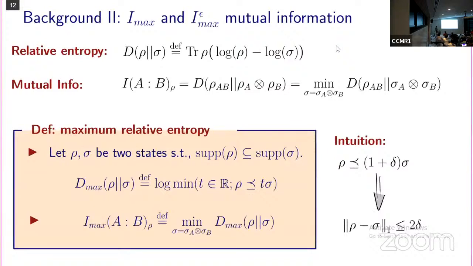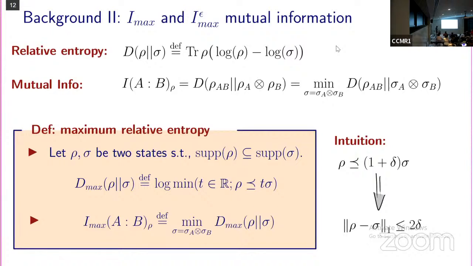The other technical ingredient that we're going to use is the maximal information, which is some sort of a measure to quantify the amount of information in quantum states. To define it, let's recall what the relative entropy is. Relative entropy of the state is given by this formula, and it can be seen a little bit as a distance between rho and sigma.